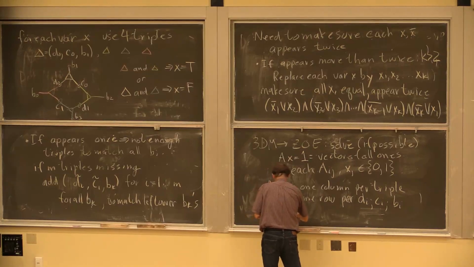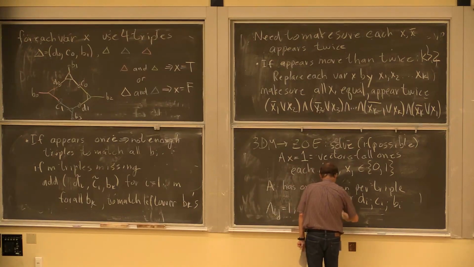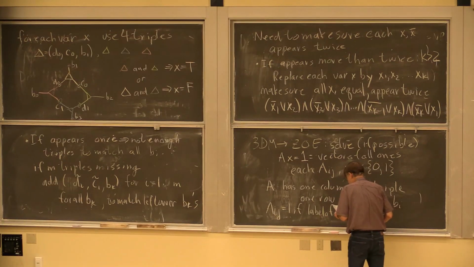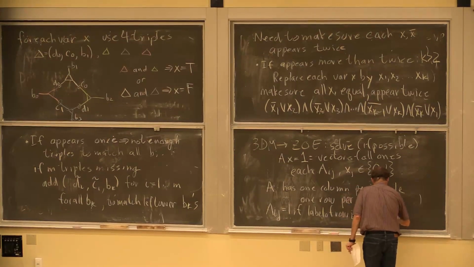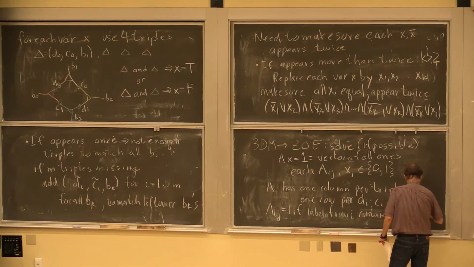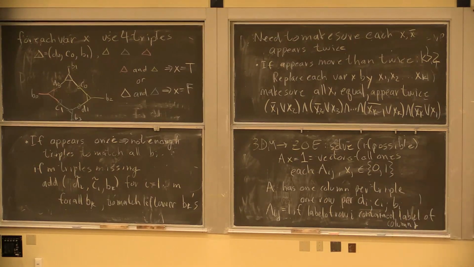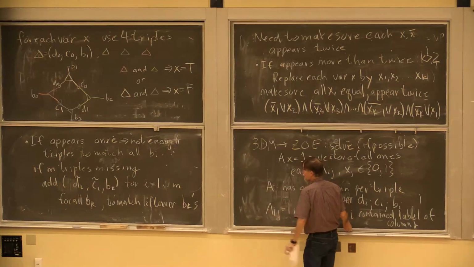Aij equals 1 if the label of row I, so DI, CI, or BI, is contained in the triple corresponding to the column, the label of column J. I think it'll be easier for me to draw a little picture to see what that means. Now I'll just use that bit up there.